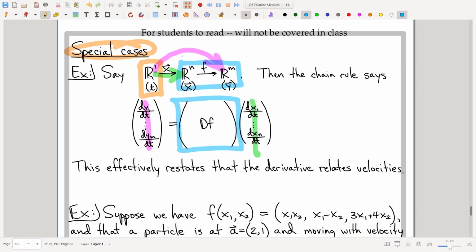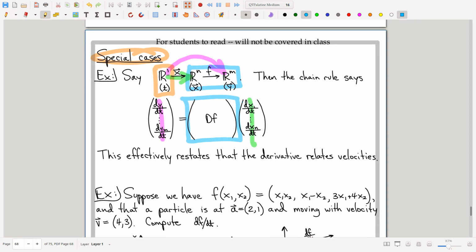This is one of our primary interpretations of what a derivative matrix does: a derivative matrix multiplies by input velocities to give you output velocities. I think it's kind of great when stuff like this happens. Our brand new chain rule is kind of a generalization, in a sense, of this old fact about derivative matrices. So anyway, kind of fun.